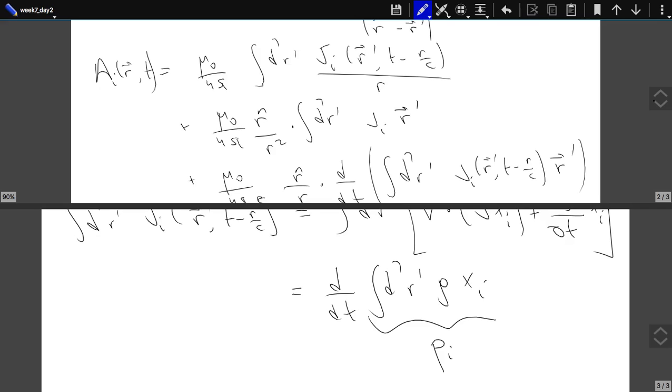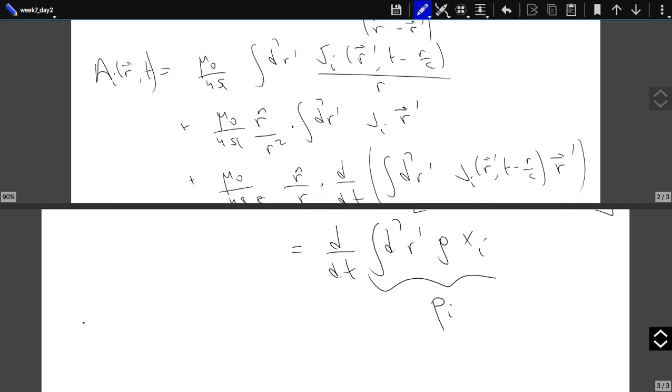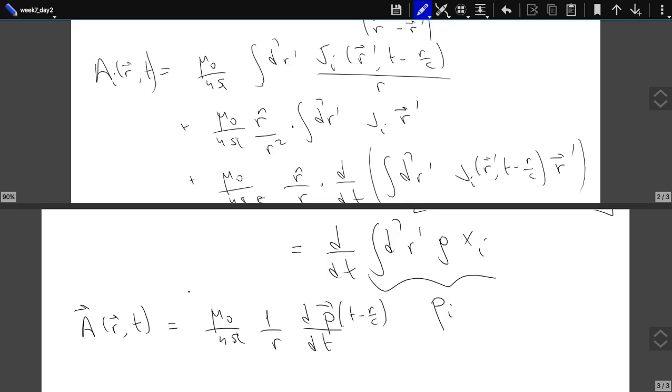The first term just gives us A at the point r at the time t is mu 0 over 4 pi, 1 over r times dp by dt, evaluated not at the time t, but at the time t minus r over c. This is the first term.